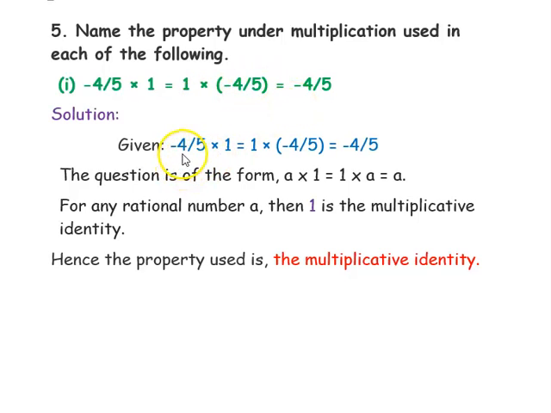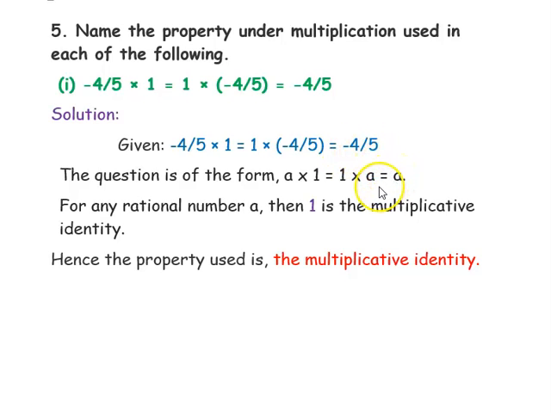So the given question is minus 4 by 5 times 1, which is equal to 1 times minus 4 by 5. So the result is minus 4 by 5. If you look into the question carefully, we can analyze that the given question is of the form a times 1 equals 1 times a, which is equal to a. Let's consider a as negative 4 by 5.